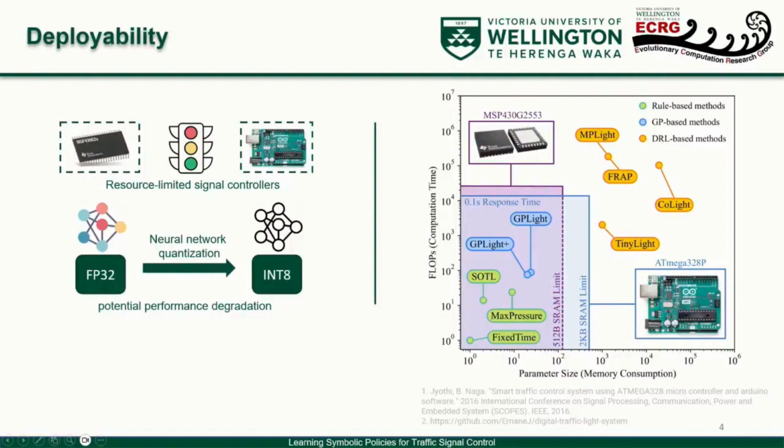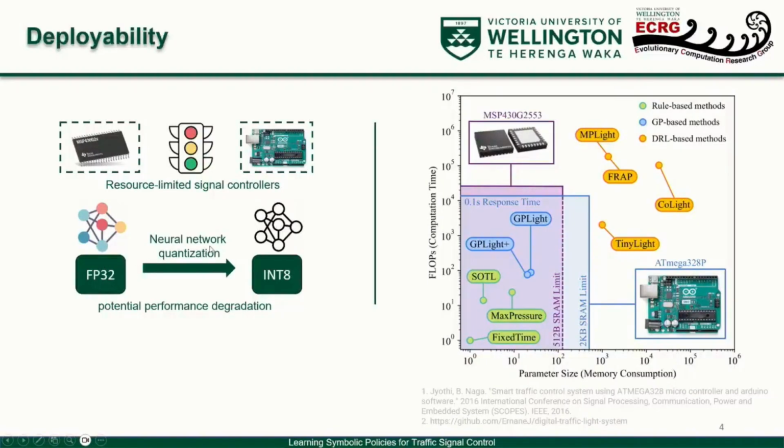The deep network usually cannot fit the size and capacity of this device. Like in this figure, all these orange dots are complex machine learning models, and they are outside the box, meaning their size needs to be reduced.